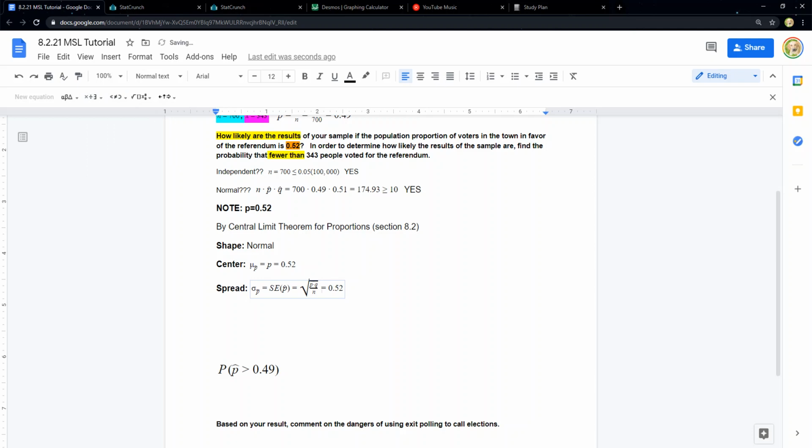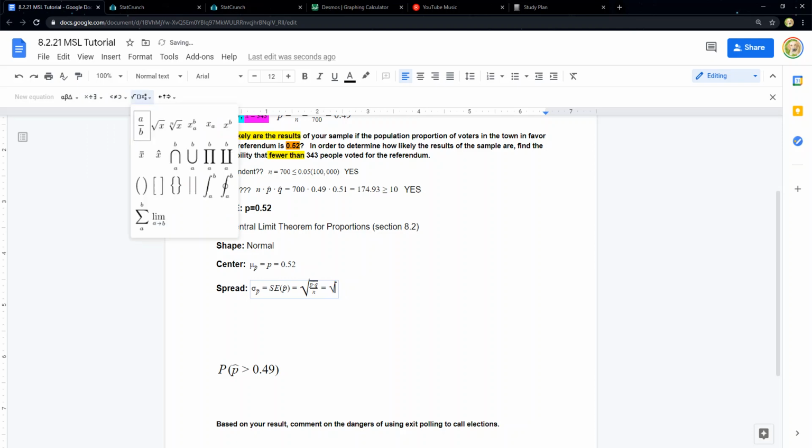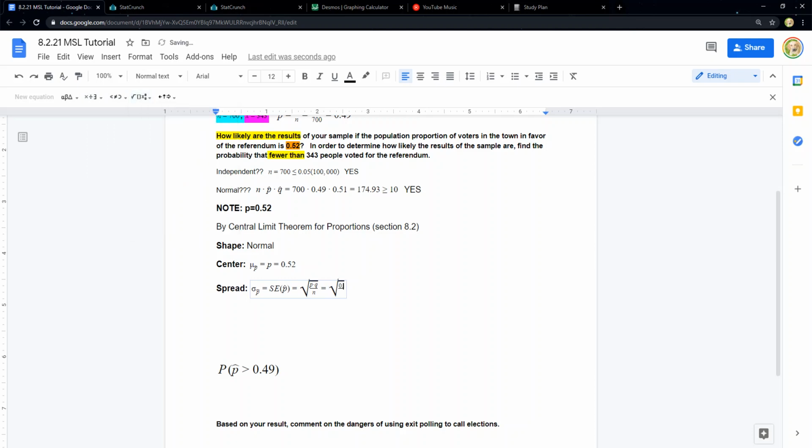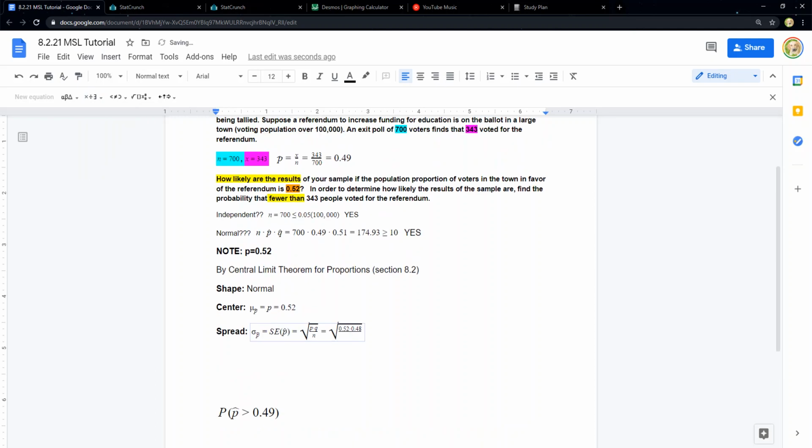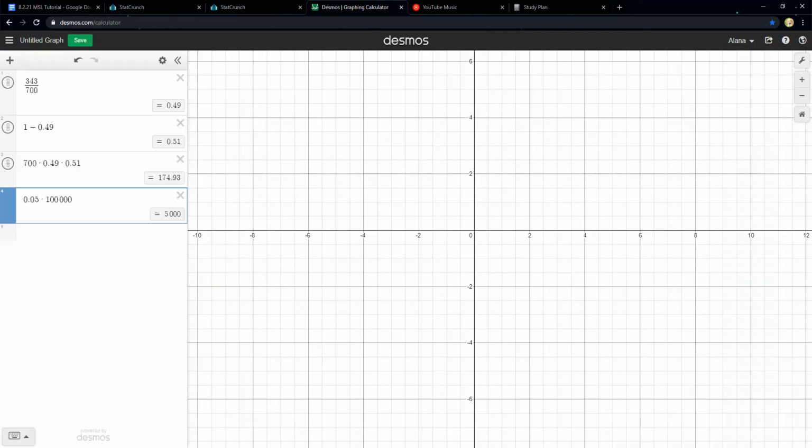Now p is 0.52, so we're going to say it's the square root of 0.52 times the complement of 0.52, which is 0.48, divided by n, which was 700 for us, right? n is still the 700 that we found up above. And we grab Desmos or a calculator and make it do that.